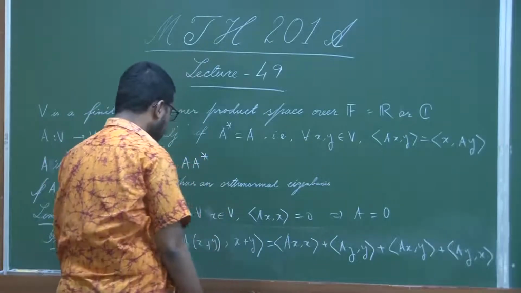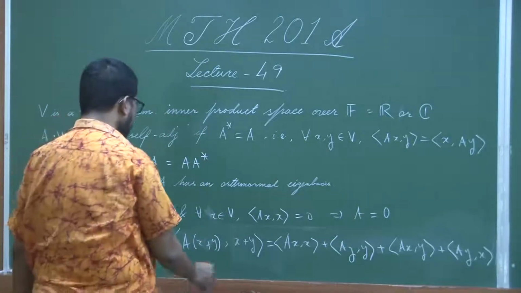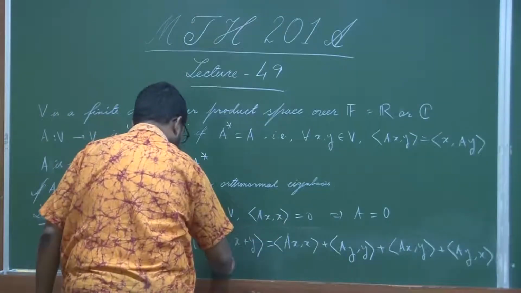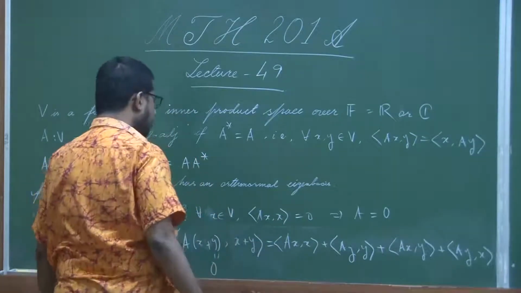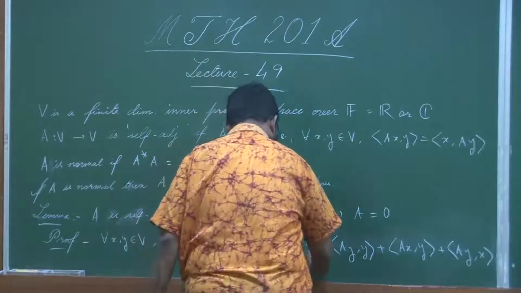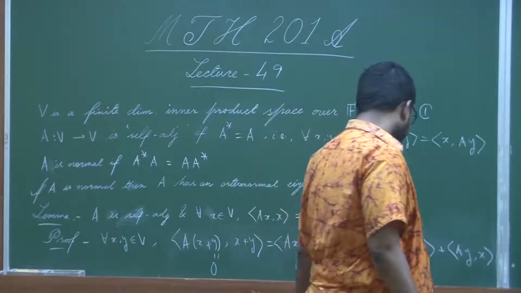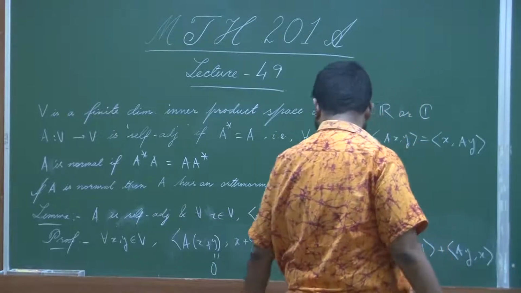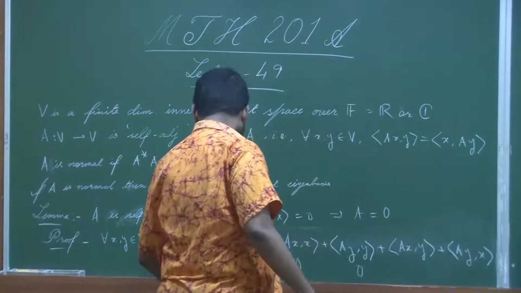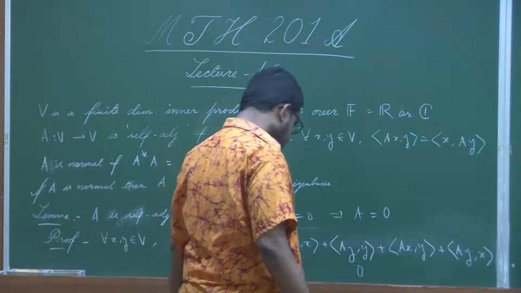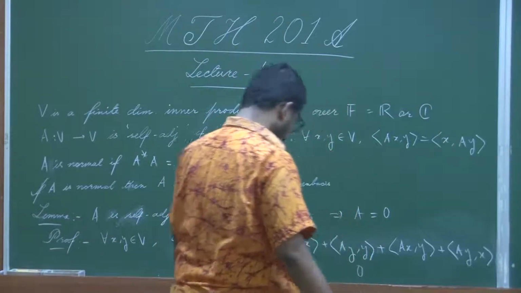Now let us see what it says. According to the assumption, this turns out to be 0, this is 0, and here we have Ax y and Ay x. But now remember A is self adjoint.